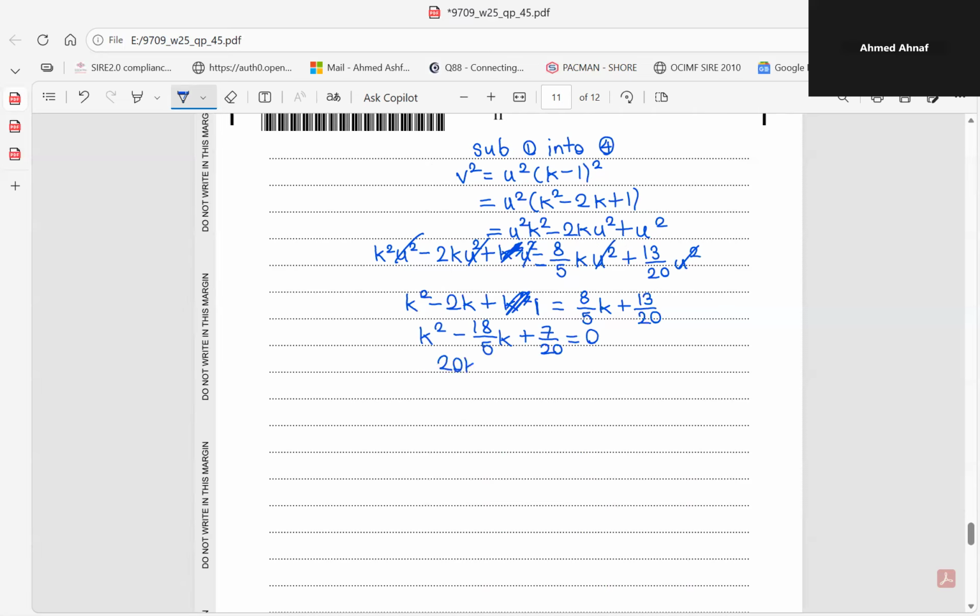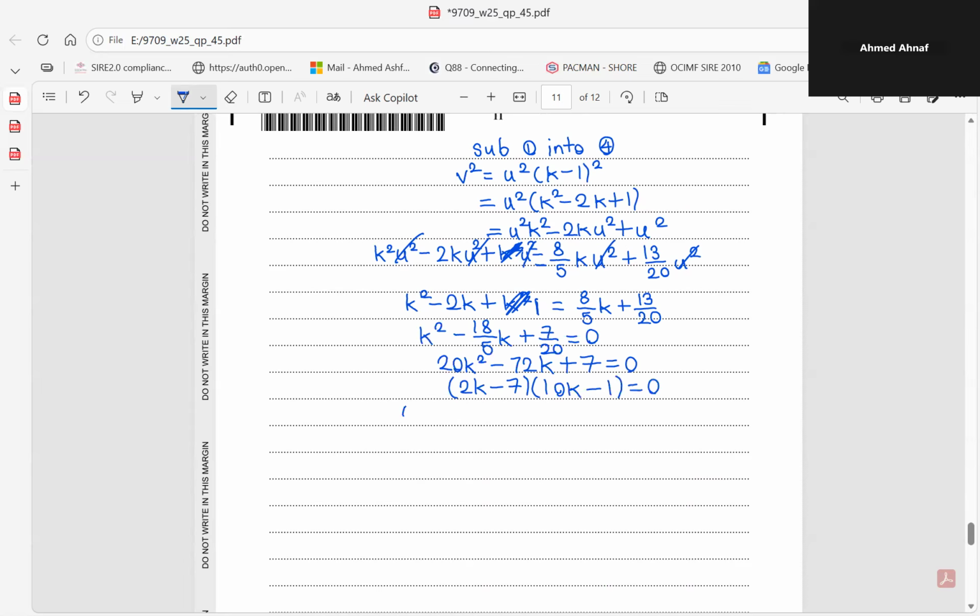Get 20k squared minus 18 over 5 times 20, minus 72k plus 7 equals to 0. Okay, so now we can factorize this. So you get 2k minus 7 times 10k minus 1 equals to 0.